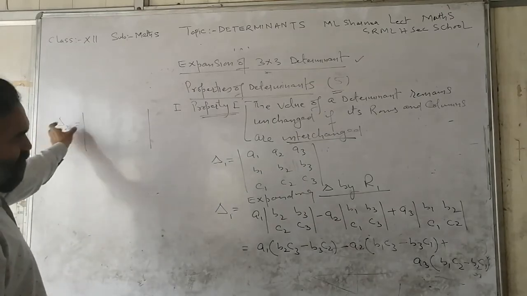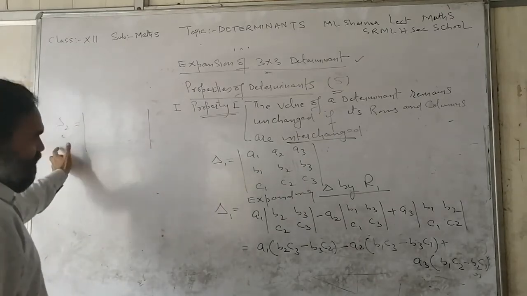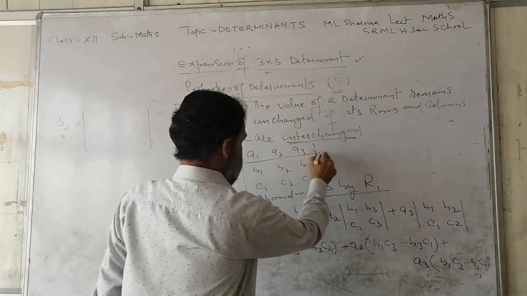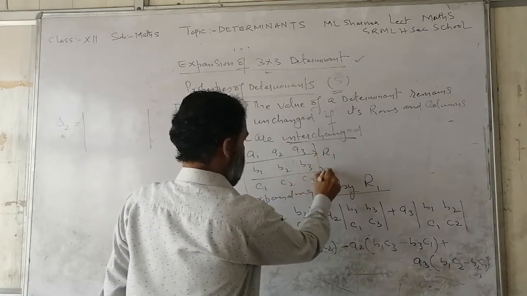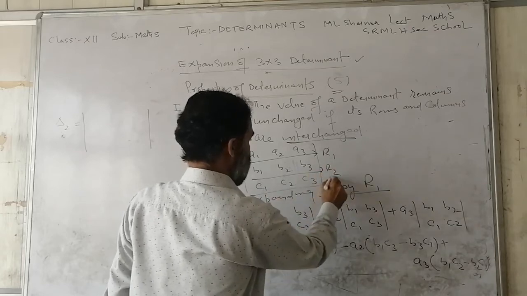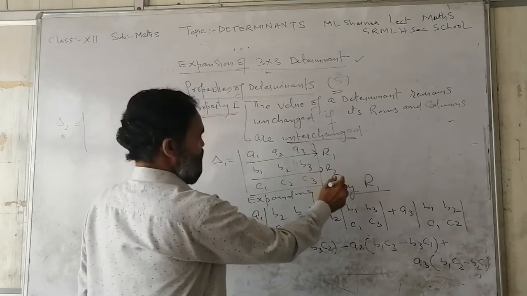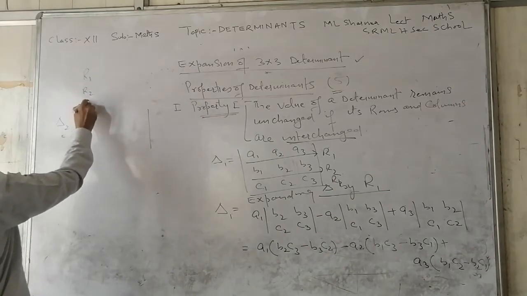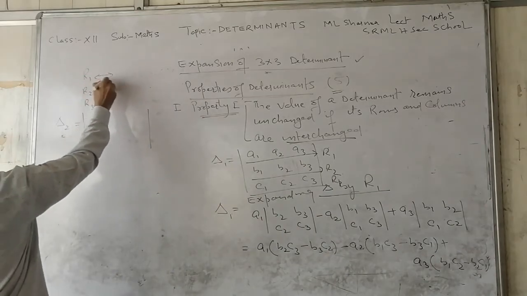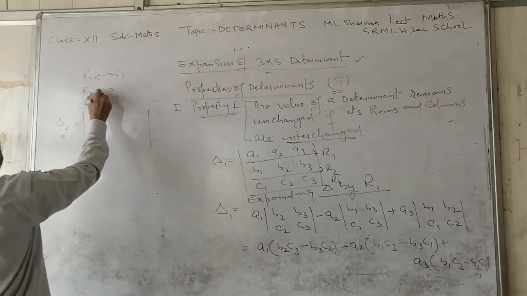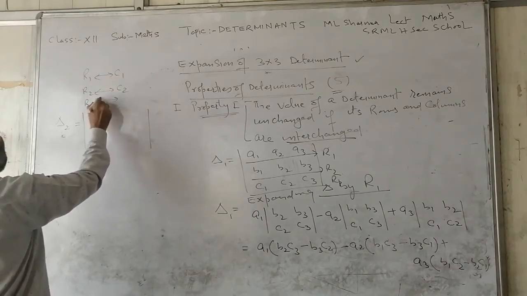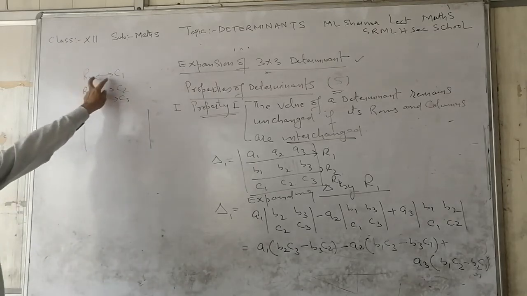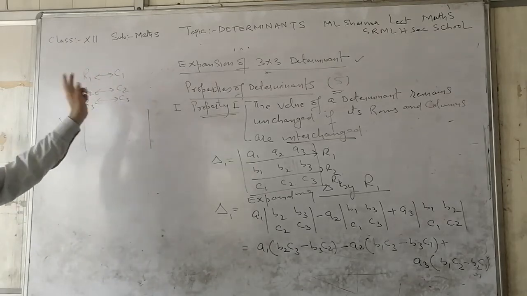Now delta 2 is the determinant obtained by interchanging. This is R1, this is R2, this is R3. So I change R1, R2, R3 by C1, C2, C3. This means they are interchanged, their places.